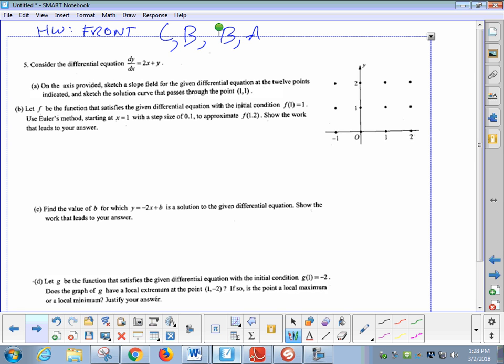All right, the back side. You have slopes of steep negative, flatter negative, flat. Flat. 1, 2, 2, 3, 4, 4, 5, 6. The particular solution, if it goes through 1, 1, would take you down this way.